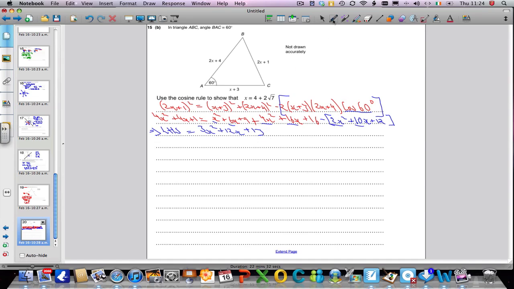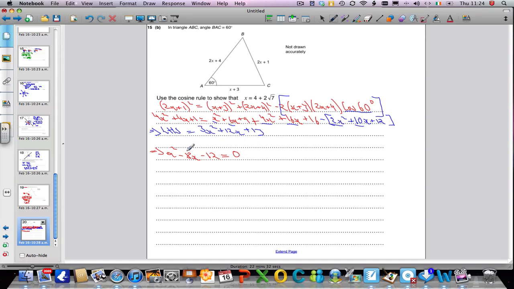Okay, so let's bring everything to one side. So I'm going to take all of this over to the left hand side and simplify. I'm going to do it all in one go. 4x squared take away 3x squared is x squared. 4x take away 12x is minus 8x, and 1 take away 13 is minus 12, and all of that is equal to 0.